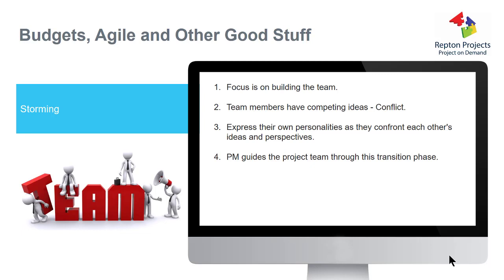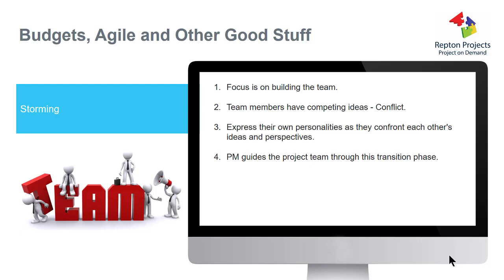Team members have got their own personalities that they want to bring to the table, and they'll confront each other's ideas and perspectives, and of course the whole point of this is that we're starting to understand how each other ticks and what skills and strengths each team member can bring to the team.